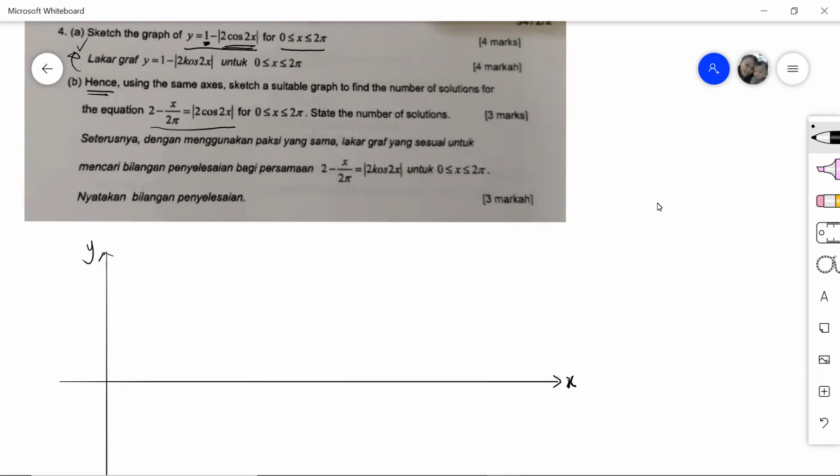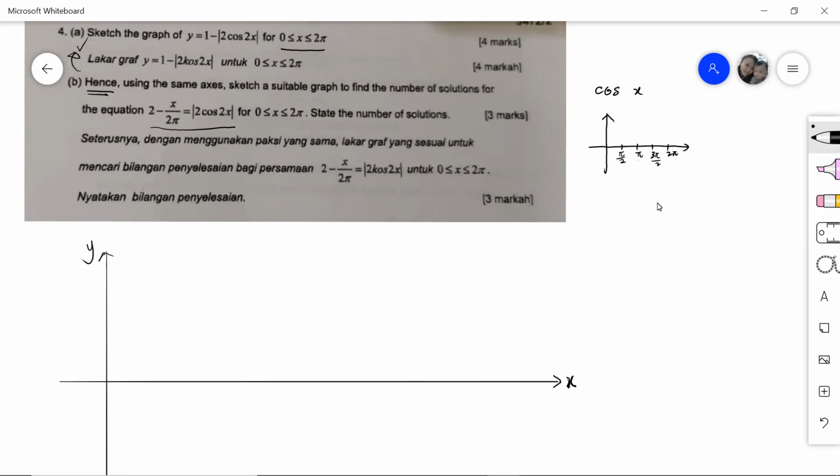So let's start with the basic graph of cos, which is cos x. Now, let's recall, how do we sketch cos x? The basic graph for cos x for one cycle will go through 4 quadrants: 0, then 90 degrees, which is pi over 2, 180, which is pi, and then 270, which is 3 pi over 2.